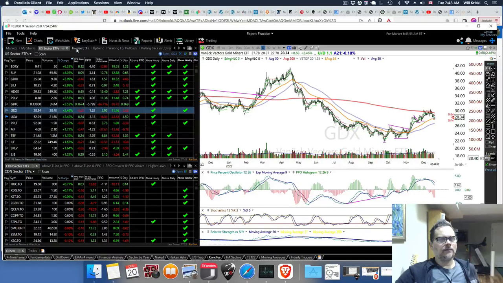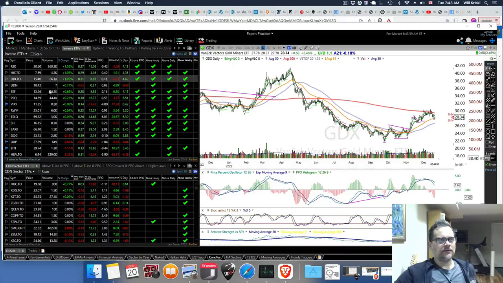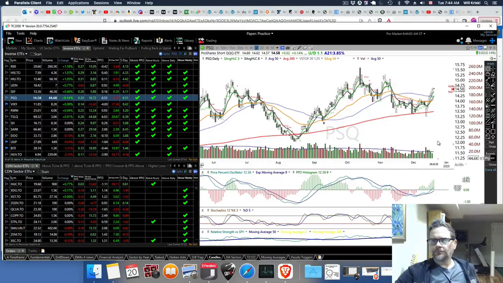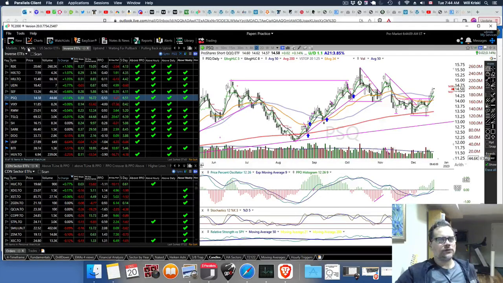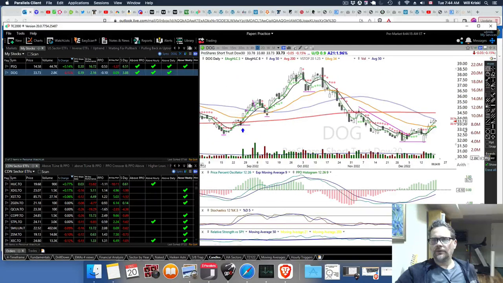But anyway, one last thing is the inverse ETFs. When you see the downtrends in the Nasdaqs and stuff, you can look at the PSQ. So I'll just show you right now. I got a couple things. I'm in inverse that and DOG, which is the inverse Dow Jones.